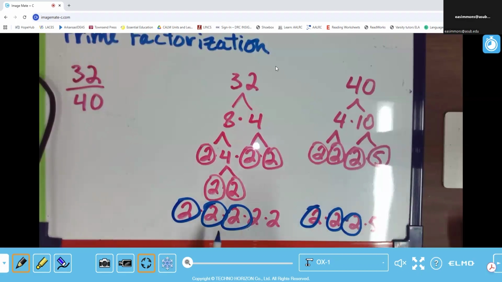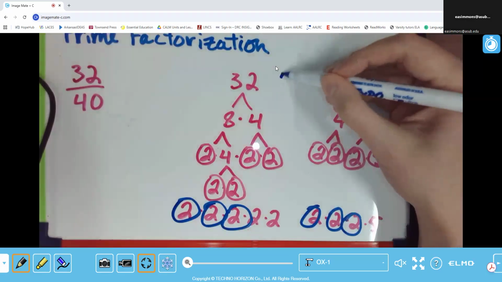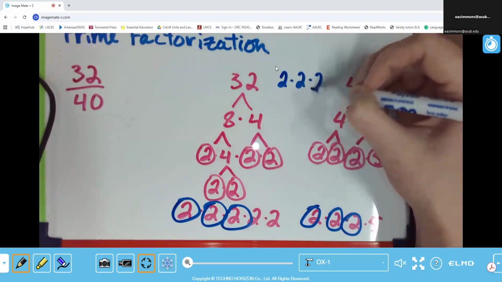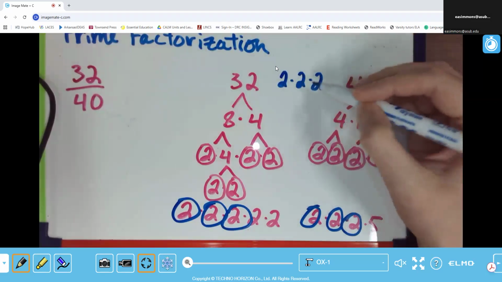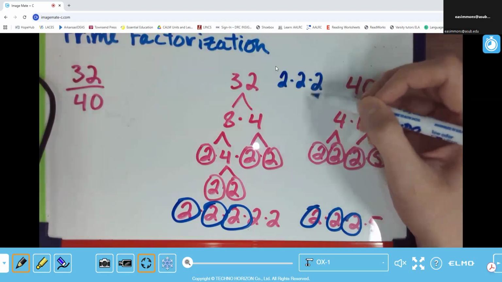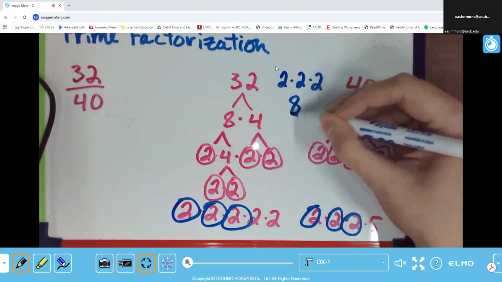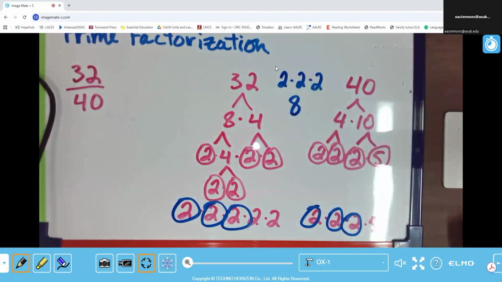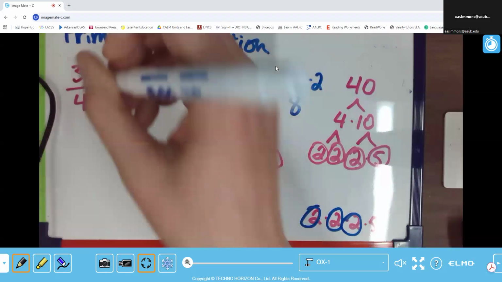So the numbers that can come out of 32 and 40 are 2 times 2 times 2. 2 times 2 is 4, and then 4 times 2 is 8. So 2 times 2 times 2 is 8. So both 32 and 40 are divisible by 8. And when I figure out my factors, I'm only going to take the 2's from one of the sets. I don't multiply all 6 2's. That's not how it works.